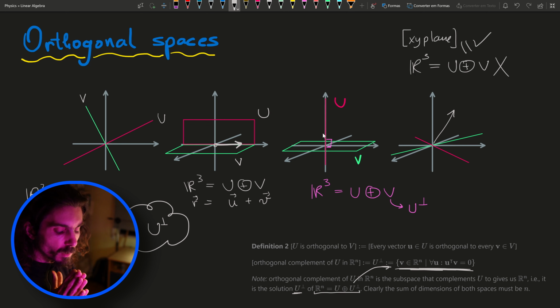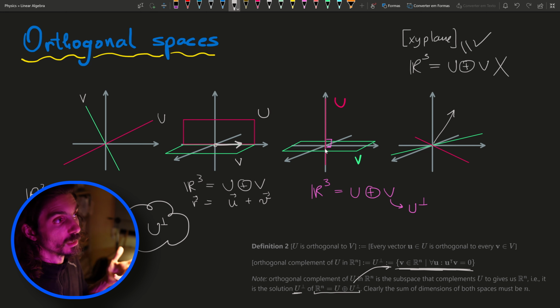By the way, let me recall that the dimension is the number of basis vectors that you need to span the space. For V, you need two vectors because it is a plane. For U, you just need one vector. So dimension 1 plus dimension 2, the summation is 3, which is the dimension of R3. Here, the same thing. The dimension of the green subspace and the pink subspace just sums to 2, but the whole thing is 3. So no surprise that R3 is not a direct sum of both.